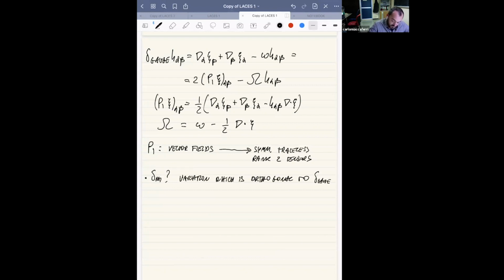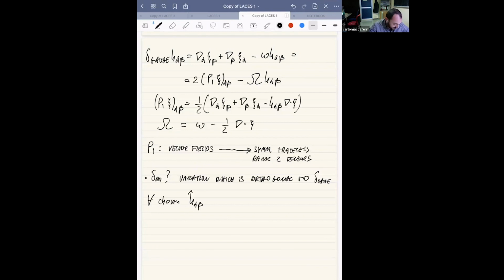And what do I mean by orthogonality? I mean that for every chosen fiducial metric h alpha beta, the space of fluctuations around these metrics, the space of variations of this metric, is a vector space, and this vector space has a natural scalar product.